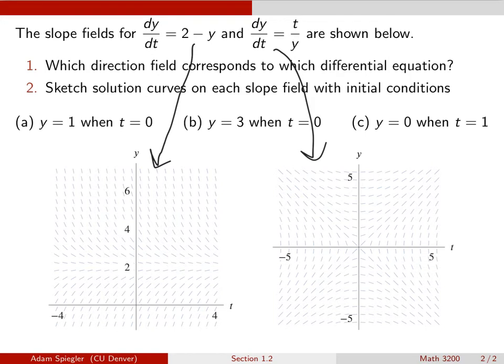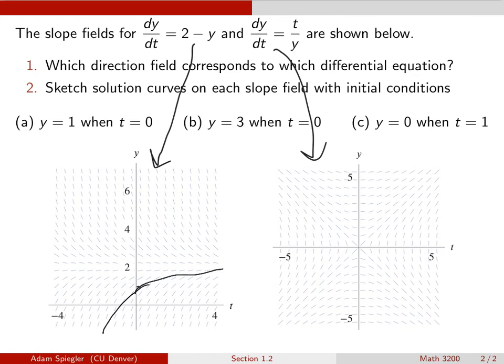And then, just like in the previous example, what these slope fields allow us to do is get a good sense of what the graphs of the solutions look like. Even if we haven't thought about what the formulas for the solutions are, we at least can sketch graphs for these solutions. So for example, when y is 1 and t is 0, so maybe that's about over here, the solution to that differential equation is going to have a graph which is approximately that shape.